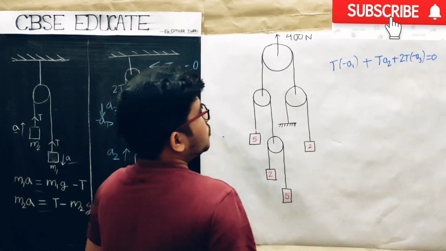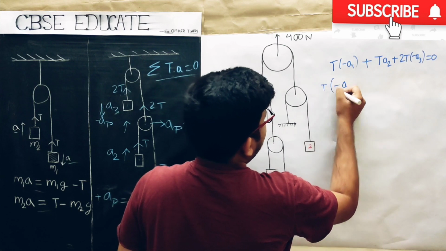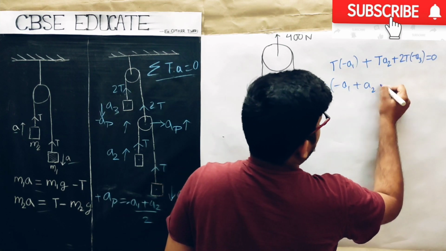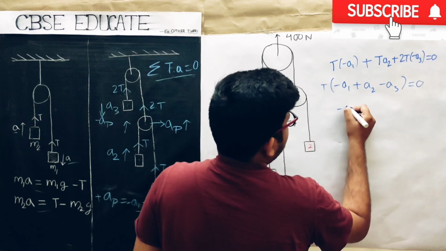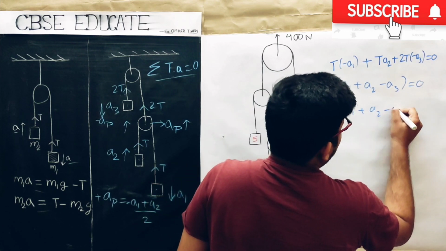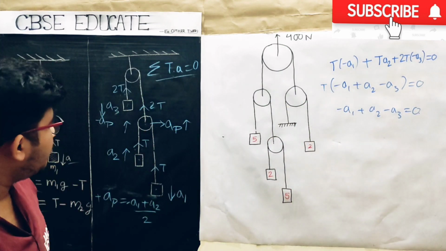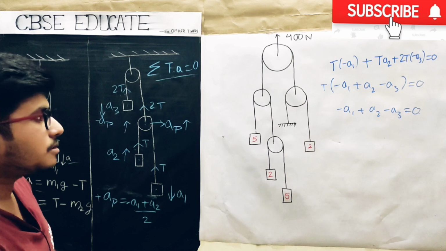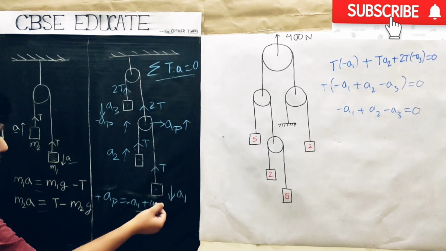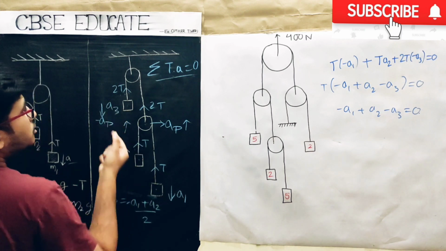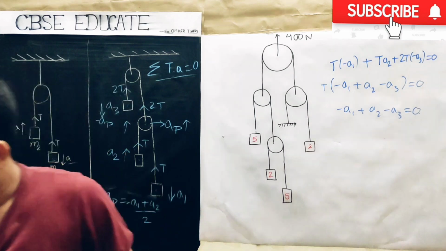Now, not taking T as common, minus A1 plus A2 minus A3 equals 0. So T cancels, which means minus A1 plus A2 minus A3 equals 0. So this is the relation between A1, A2 and A3, and basically this is the shortcut to find the relation between the accelerations of this body and this body. Okay. Now consider this question.